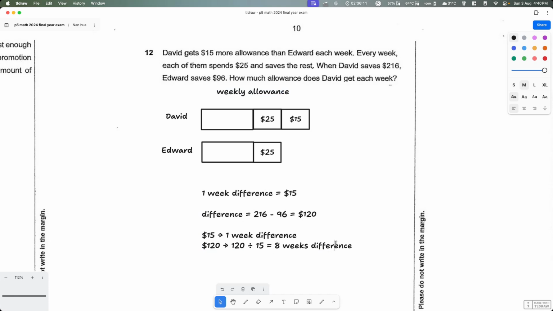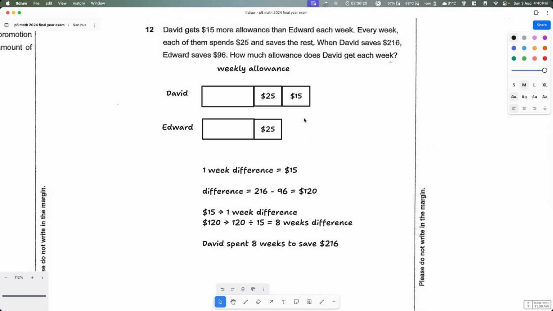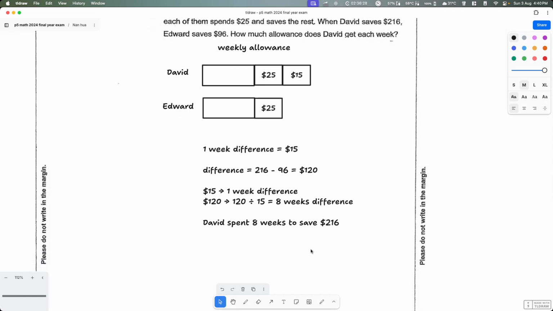So this means that David spent 8 weeks to save $216. So from here we can divide. So 8 weeks, we have $216 that David saves.